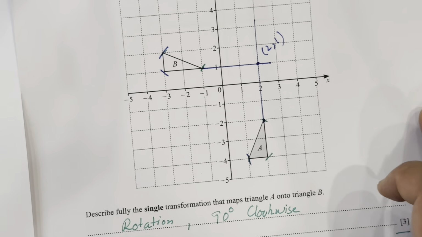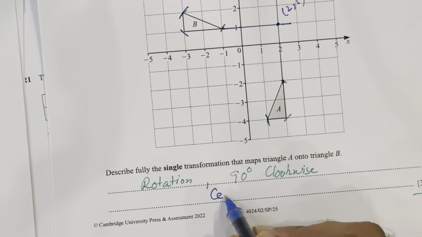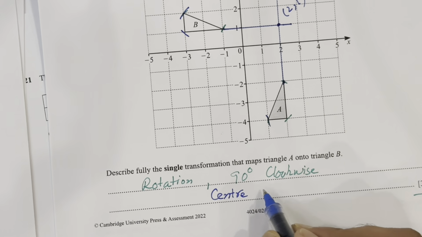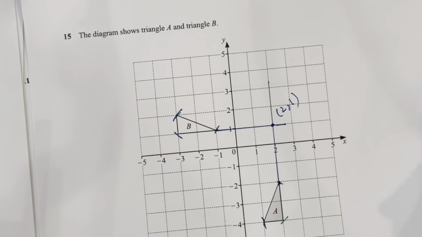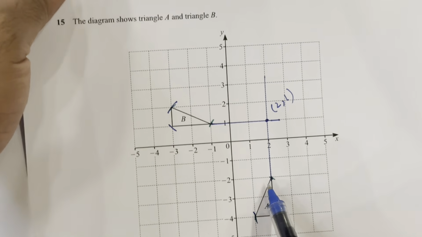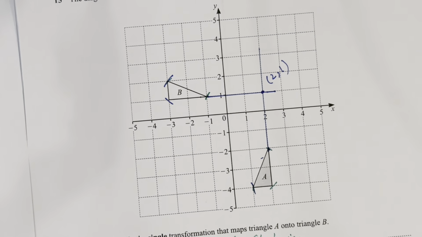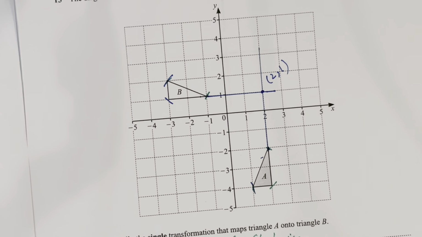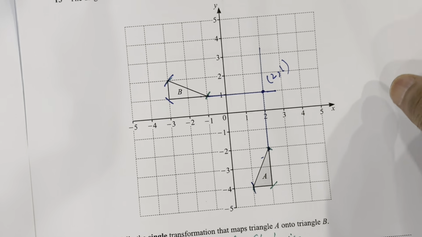So the center is 2 and 1. How have we calculated it? I'm going to repeat that. By extending this line and this line, because this point carried the same value after rotation, when these two lines intersect each other, that is the center point of the rotation.